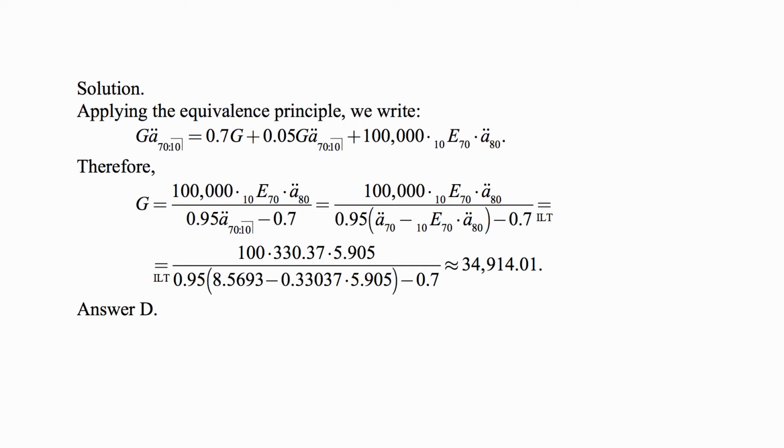Well, this is an equation in which G is the unknown, and everything else is known because we can either find it in the table or figure it out based on the table.